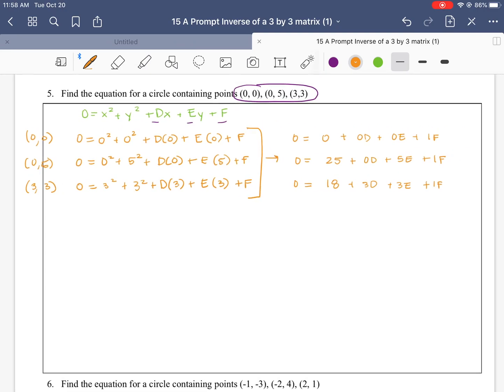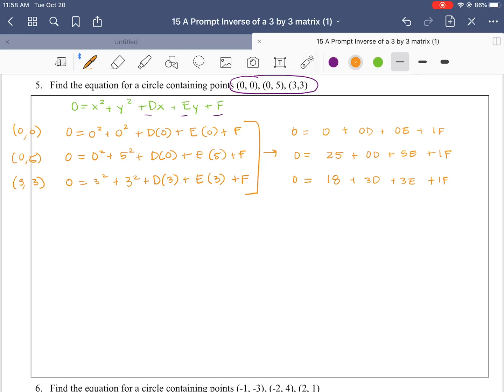But now what we want to do is rewrite this one more time so that it'll be ready to be transferred into a matrix. So I'm going to put the coefficients and the variables at the beginning. And then I'm going to move this constant to the other side by using the inverse operation.